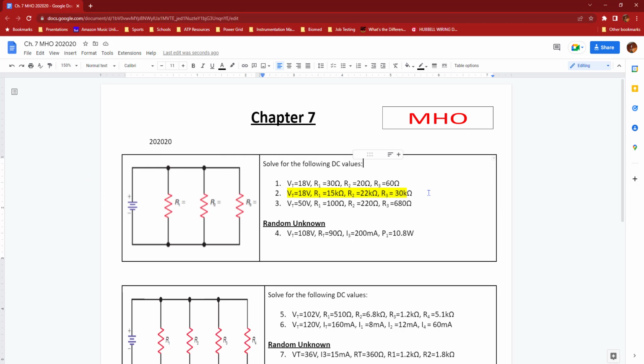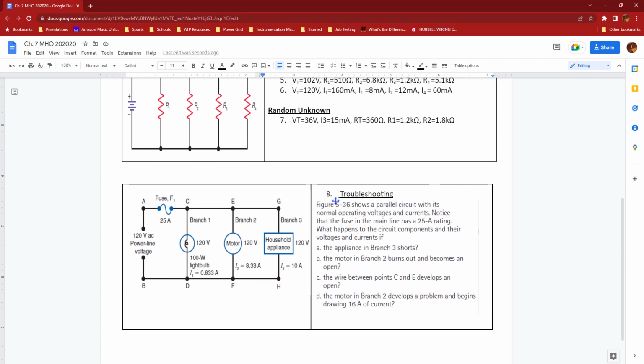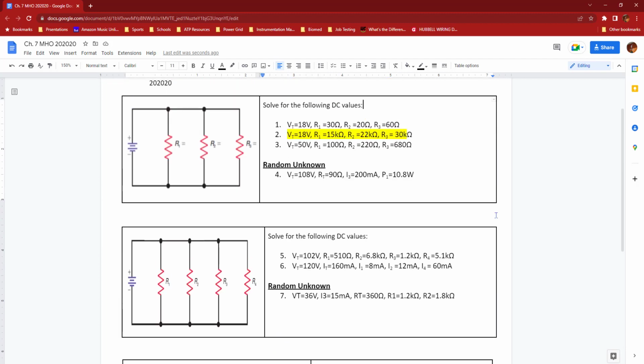So you may want to pause the video now and write down numbers 1 through 7, and number 8 we're going to save for later, and it will not be on the Canvas Chapter 8 math handout answer sheet assignment. Problem number 8 is not on the assignment anyway, so we're just going to worry about 1 through 7, and we'll do number 8 in person.